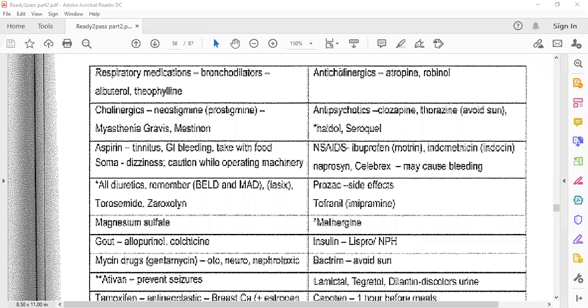So you have to have something that causes bronchodilation. So if my patient has a respiratory problem, definitely it would be treated by a bronchodilator. So what are the bronchodilators we use frequently?